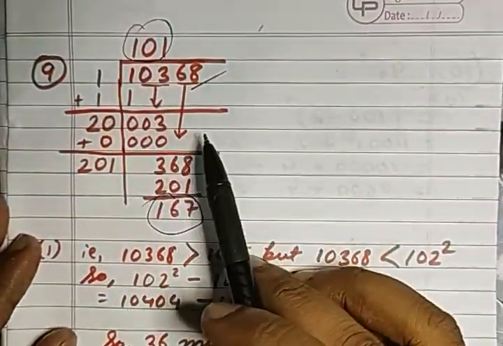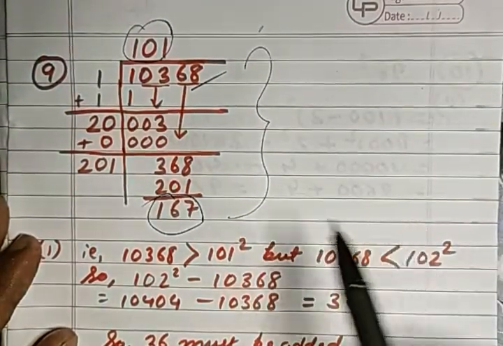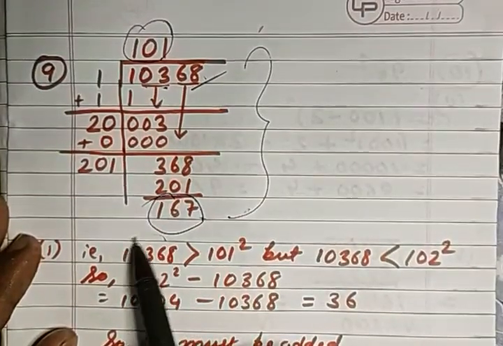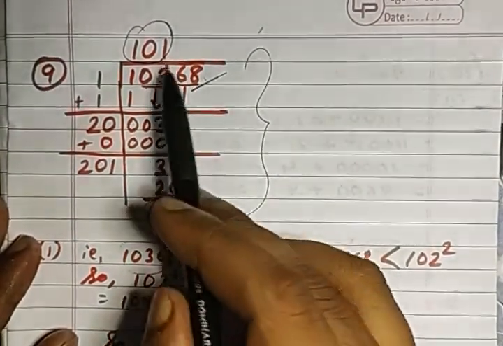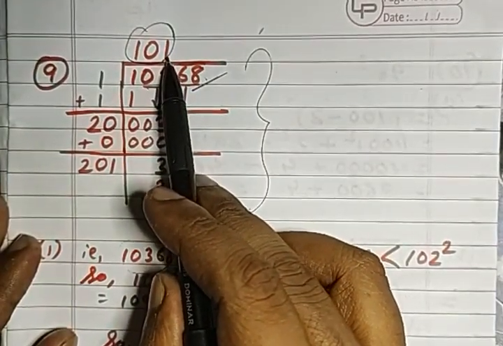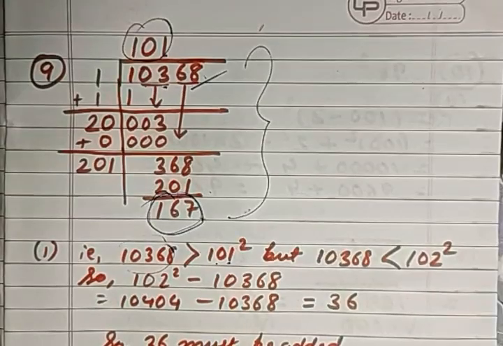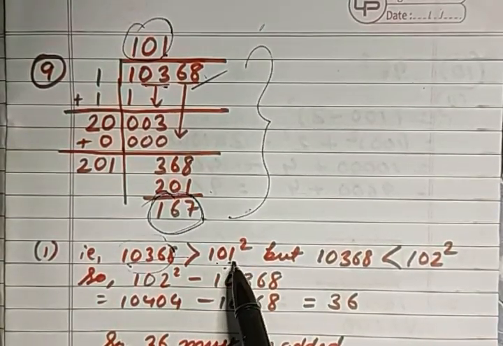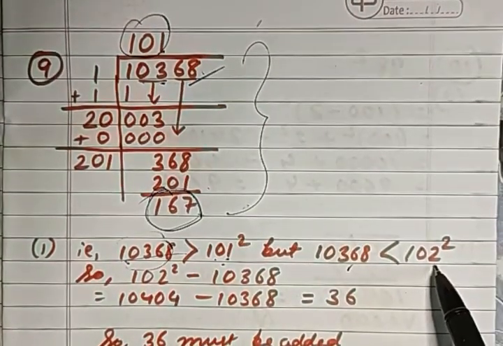So by this solution we can understand that this number is more than the square of 101, because even after 101 is coming, we are still having something remaining as the remainder. So it is obvious that this number is bigger than 101 squared, but it is smaller than the square of 102.